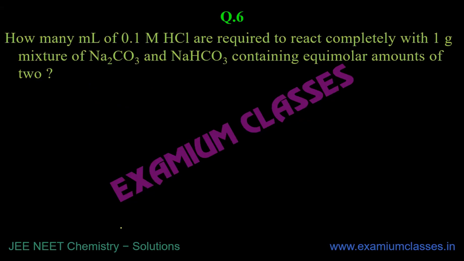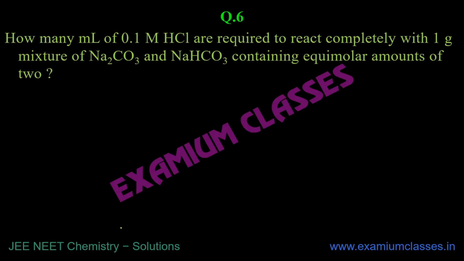Next. How many milliliters of 0.1 M HCl are required to react completely with 1 gram mixture of Na2CO3 and NaHCO3 containing equimolar amounts of the two? This requires your knowledge of mole concept, stoichiometric ratios as well, and the reaction of HCl with the sodium carbonate and sodium bicarbonate, both. Question is easy.